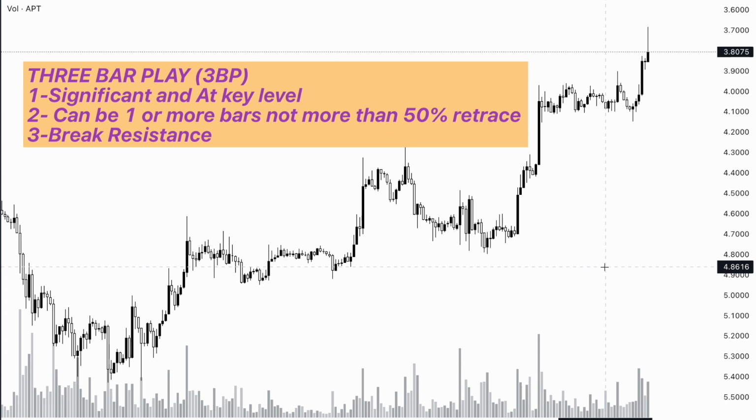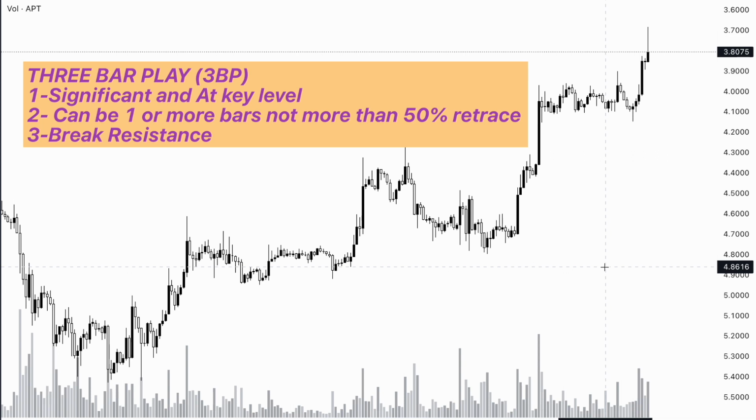The reason these patterns work is because it's oversimplifying a complicated process, which is really not even that complicated. It's just standard classic auction theory, and buyers overcoming the sell orders that are creating a wall and keeping price from going above that level.